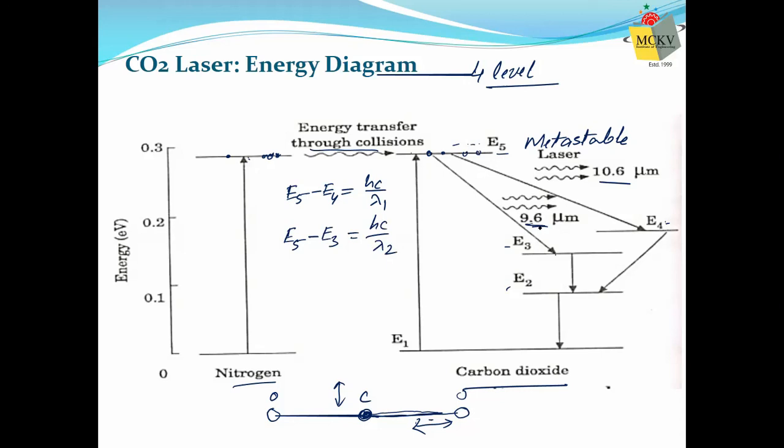But the point is that you can get two different wavelengths from the carbon dioxide laser. Then the rest: we are interested only between these two energy levels. Other energy levels we are not interested in, because between E4 to E3 or E4 to E2, E2 to E1, either spontaneous emission occurs or heat is generated. So we are not interested.